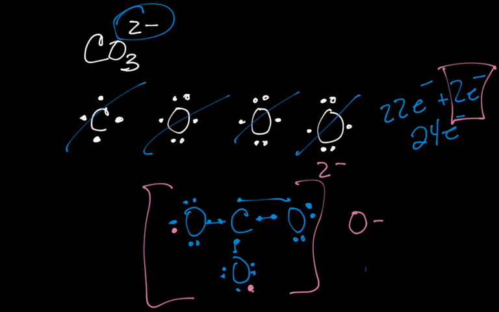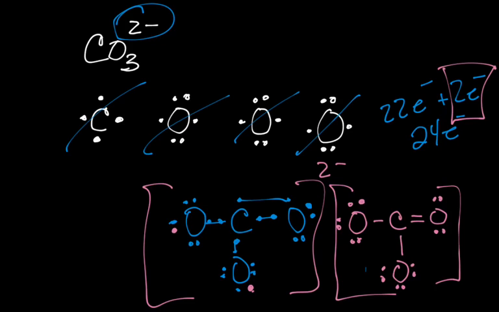So now we're going to have something like that. And this whole thing has a 2 minus charge. All right, there you go. That's it for today. Have a good one.